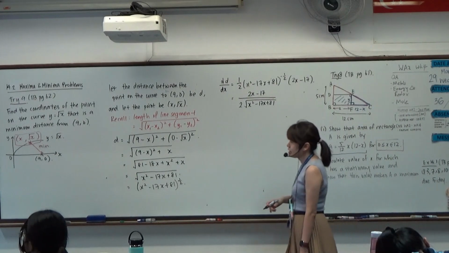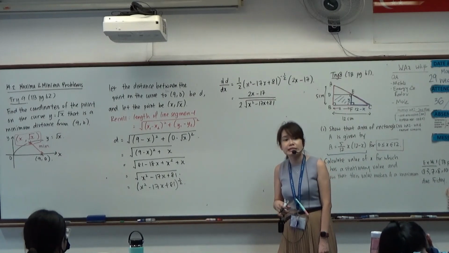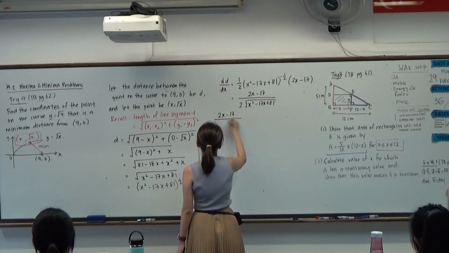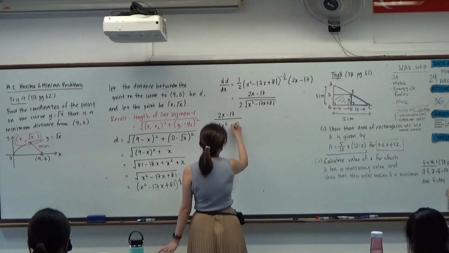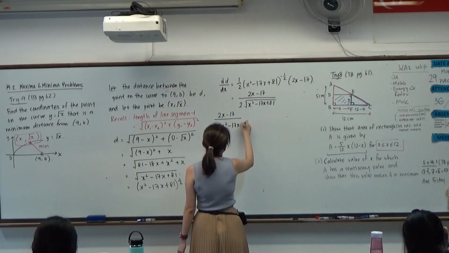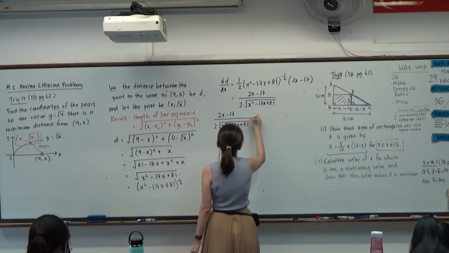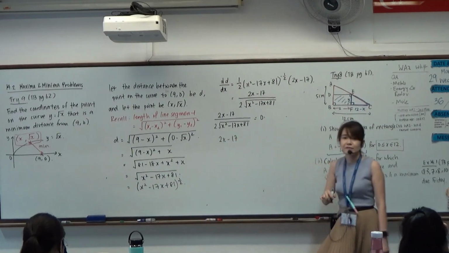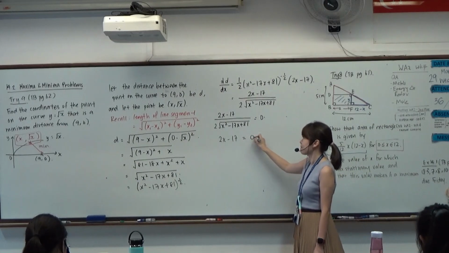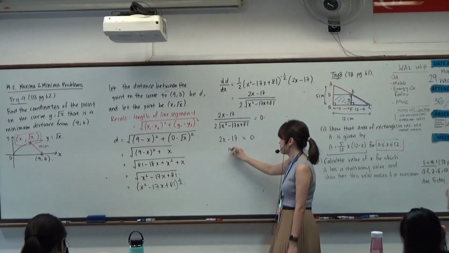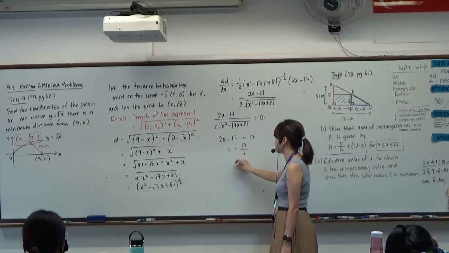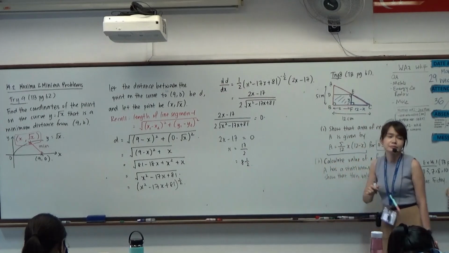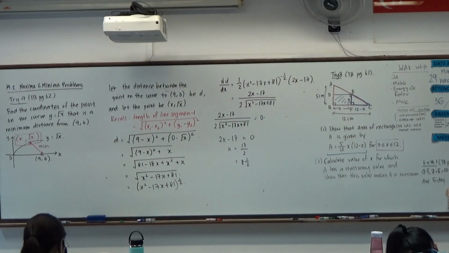So our first derivative must equal 0 to give rise to a stationary point, or stationary value. So we let dd over dx equal 0. In other words, my 2x minus 17 should equal 0. So x equals 17 over 2, which is 8.5.